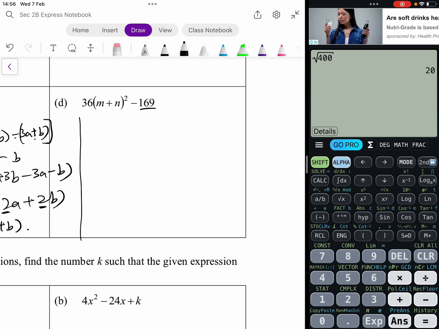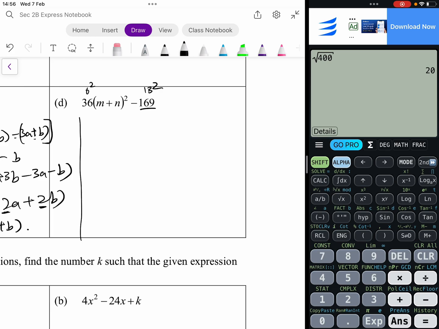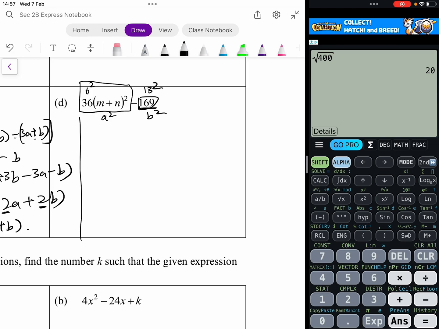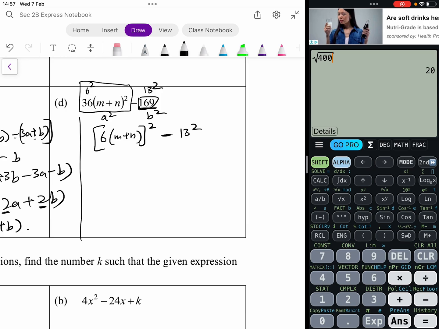So the square root of 169 is 13 squared, right? And this will be 6 squared. So you will have to take this whole thing as your a squared, and this whole thing as your b squared, right? So it is rewritten as 6 bracket m plus n bracket squared minus 13 squared.